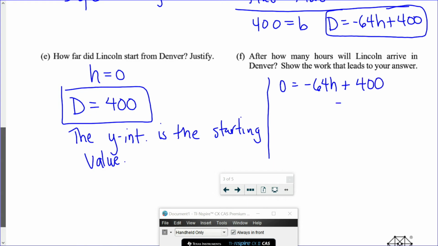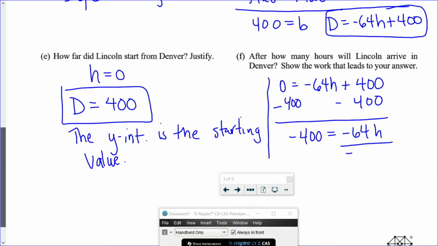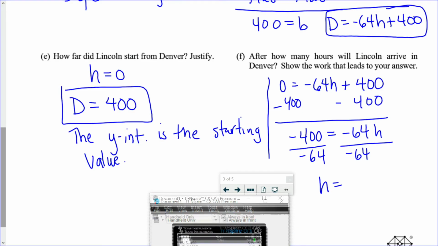And that is a pretty easy equation to solve. I just need to subtract 400 from both sides, right? 0 minus 400, be careful there, is negative 400, which equals negative 64 times h. And now I divide both sides by negative 64. And we use our calculator maybe here.